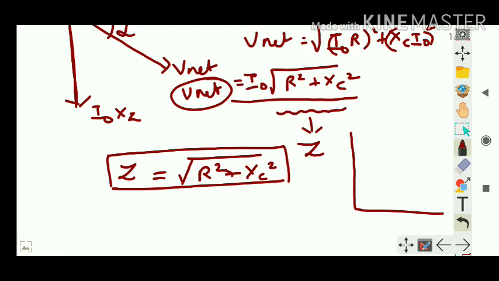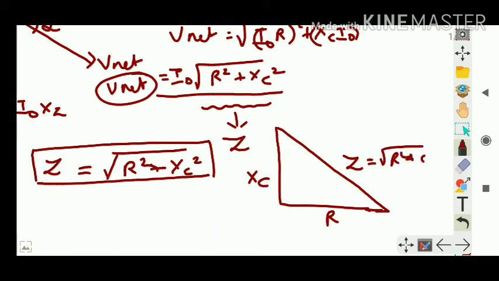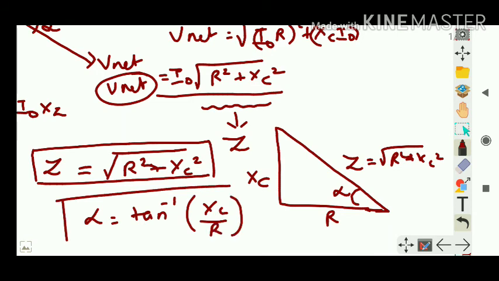So draw like this, Z. This becomes R and this is XC. Z is equal to root of R square plus XC square. This is alpha then. Then tan alpha, or alpha is equal to tan inverse XC by R, just like the previous cases. Simple, right?